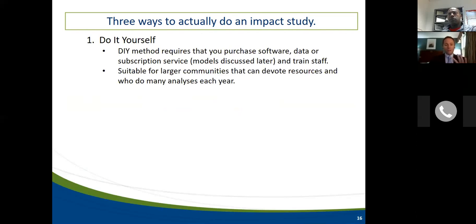Legitimately, it has become over the years easier and easier to do this by yourself. Depending on what model you use, you don't necessarily need a lot of training or a lot of sophisticated financial background. You can actually do this. And we'll talk about one of the models. Andre, I believe you'd mentioned that the state has access to one of these models.